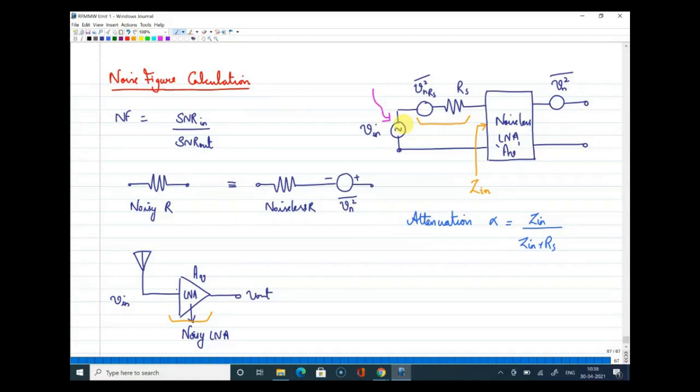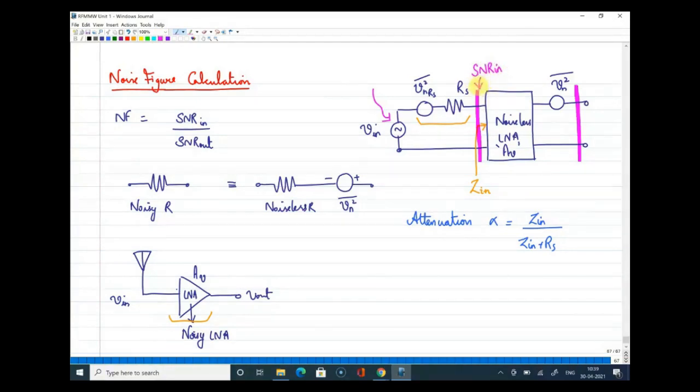Yes. Now, what are we looking at? We are looking at the noise figure calculation, and for that we should consider this port and this side, right? Why I marked it that way is because we are interested to find the signal to noise ratio at the input of this circuit, SNR in, where it is to be measured.